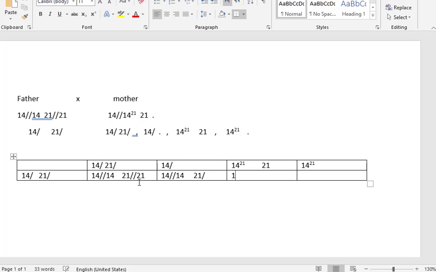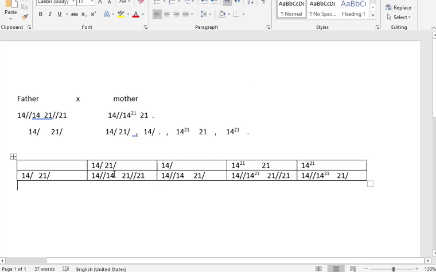Now, 14 with 14, 21, and 21, this will have a trisomy 21. The other one, 14, 14, 21, and 21 only. This will be normal like the mother. So this is normal.